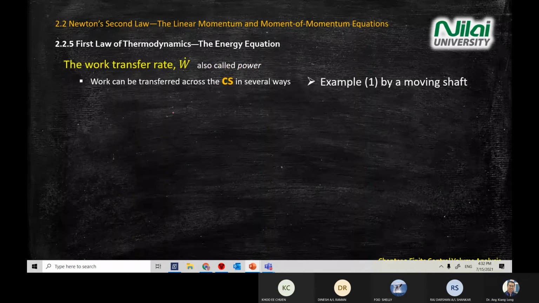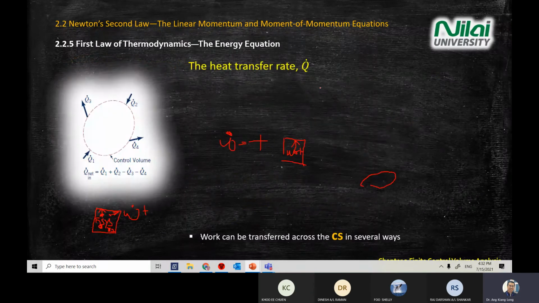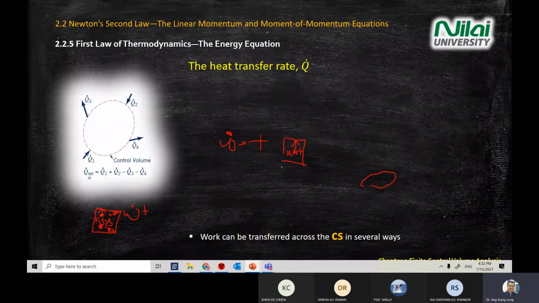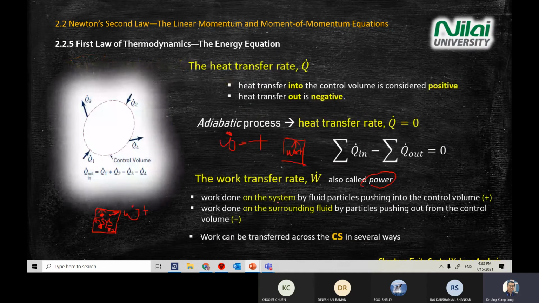Next one. We are now looking at work already. We have done the heat just now. Heat, positive, negative, already explained by this diagram, the Q. When is it positive, when is it negative. Now we look at W, the work or power. So positive means the work is done on the system.